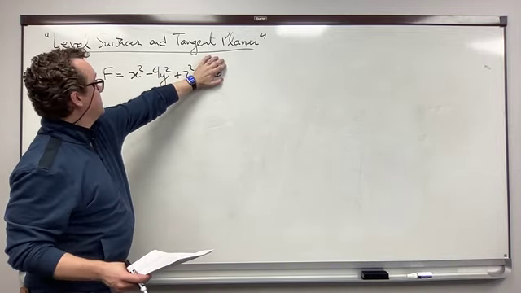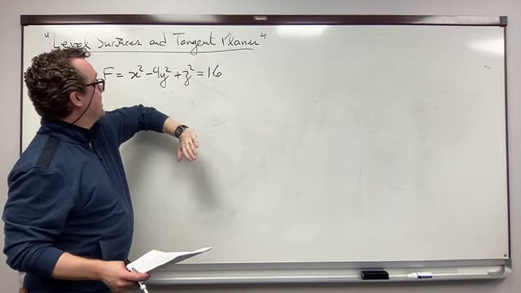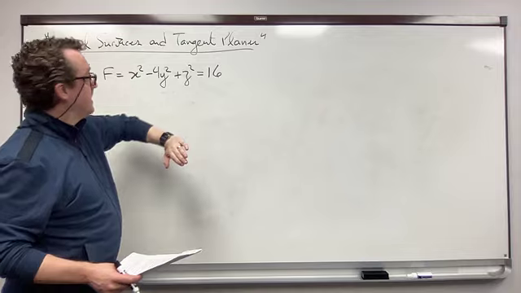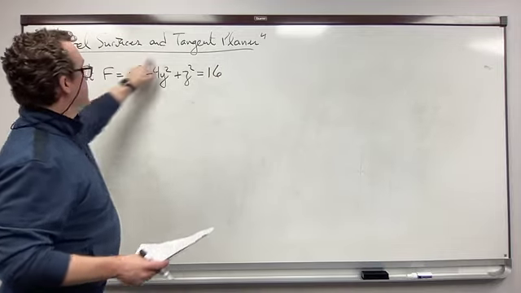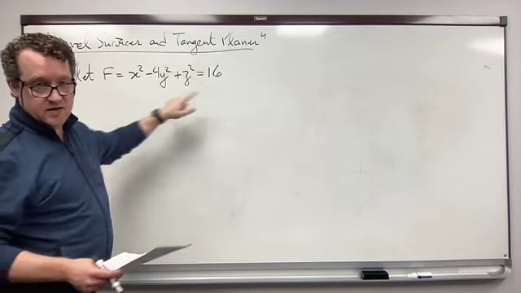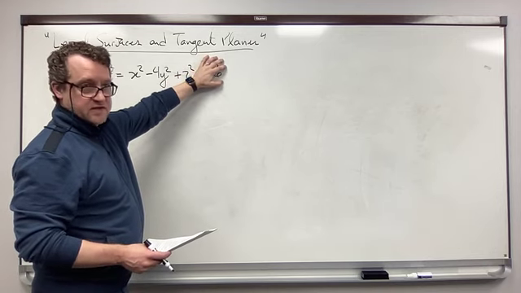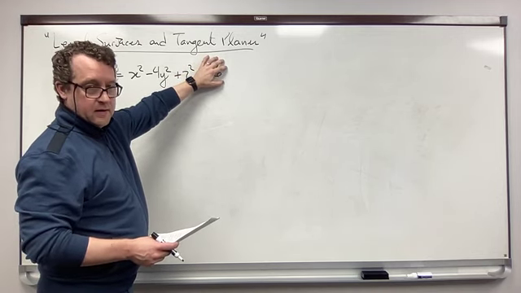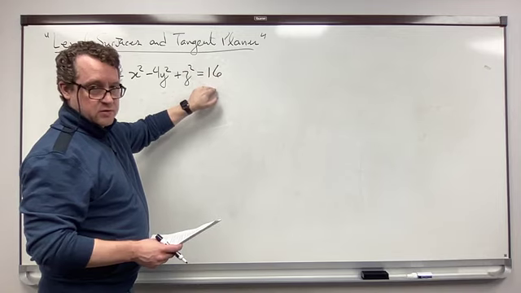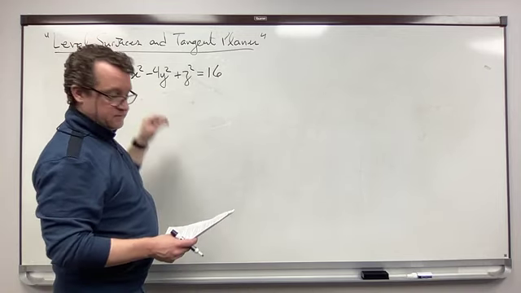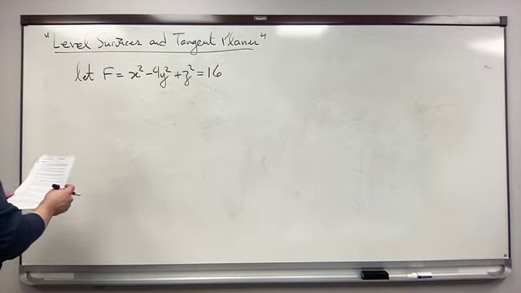So this is f of x, y, z, and I want its level surface to be that defined by the function equals 16. Now F equals x squared minus 4y squared plus z squared is not a surface, it's a 3D function, defined everywhere. But as soon as I make it equal to a constant, that makes this a 3D surface, no longer just a volume.